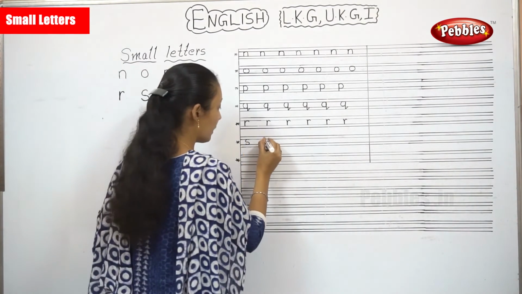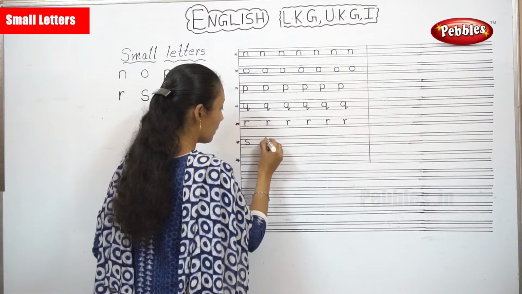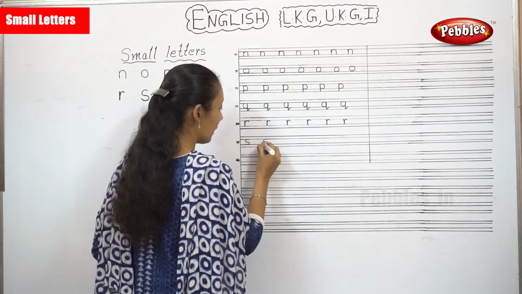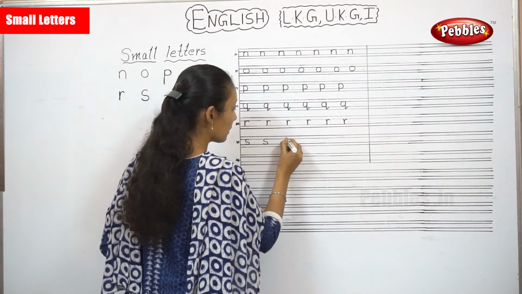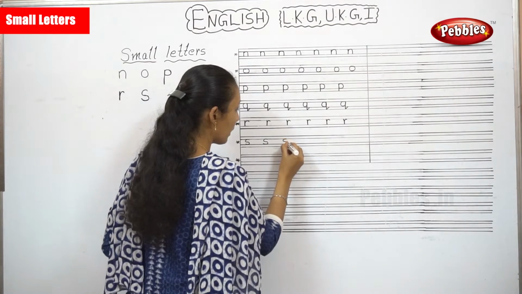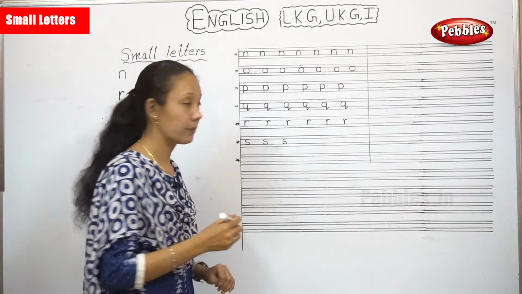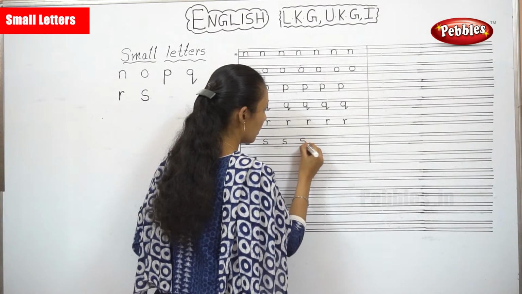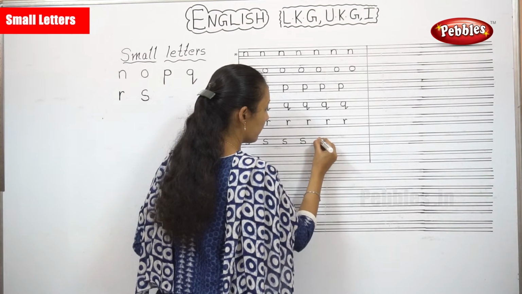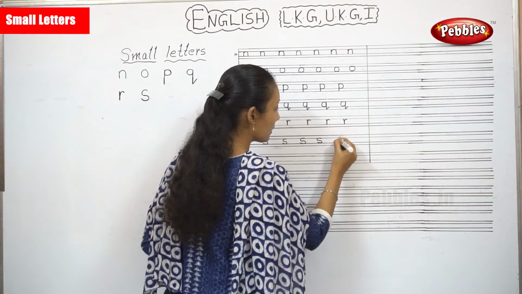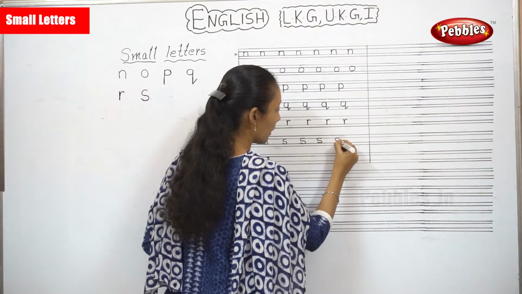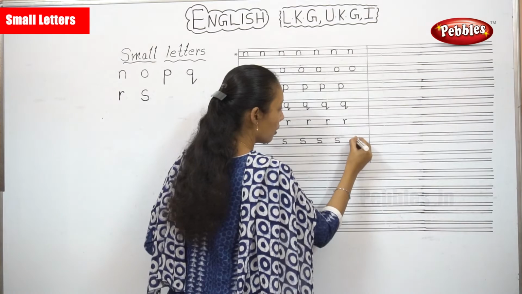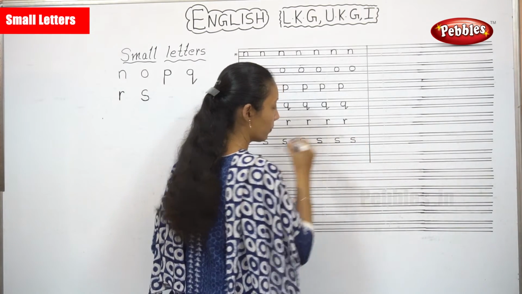S. Again, into your second and third line, S. You will start it like a C, come down and curve, S. Once more, small s. You will start it like a C, come down and you will curve, a small s.